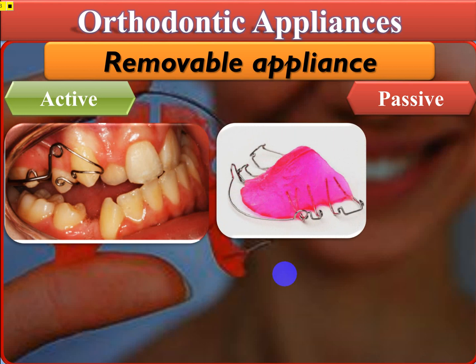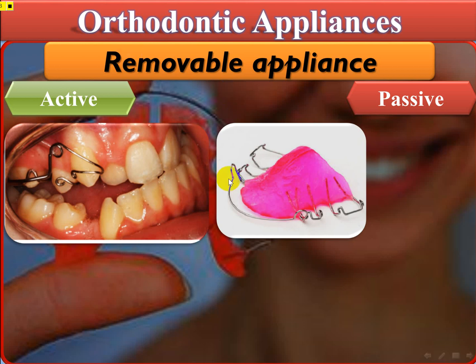Or a passive removable appliance, which means a removable appliance that has no active component, so it will not create any force, and no tooth movement will be obtained by this type of removable appliance.